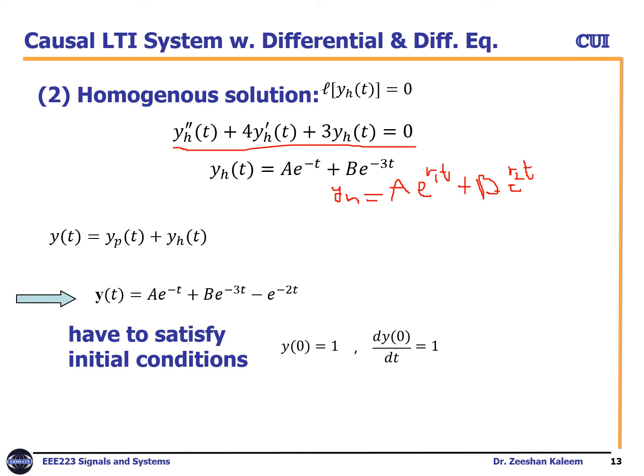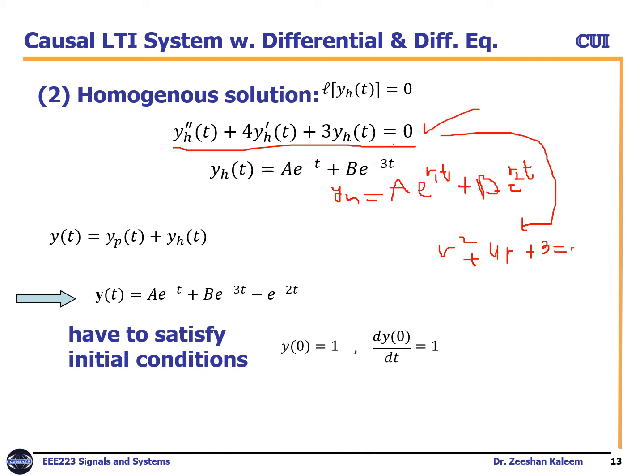So to find r1 and r2, we can just directly solve this by the factoring method. For example, this is our auxiliary equation. First write this equation in auxiliary form. We can write r square plus 4r plus 3 equals 0, right?